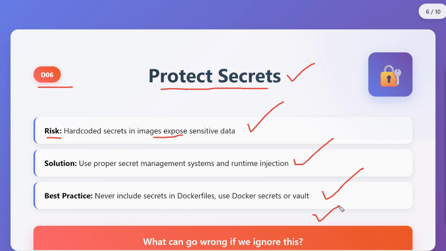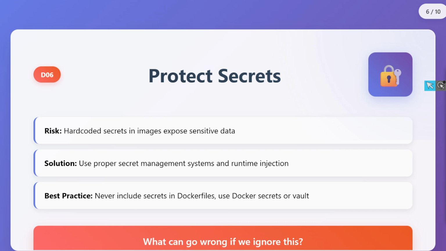And once exposed, the attackers can access the database, cloud services, or internal APIs. So this is all about D06, which is protect secrets. Sometimes I pronounce it wrongly as project secrets, but the correct one is protect secrets.